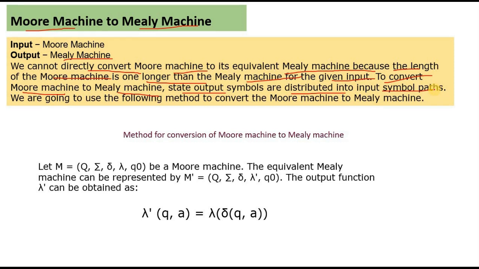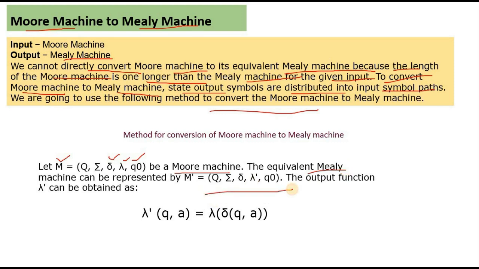Okay, so now we are going to use the following method to convert the Moore machine to the Mealy machine. Say, for example, let M equal to (Q, Σ, δ, λ, Q0) be the Moore machine, and the equivalent Mealy machine can be represented like this.